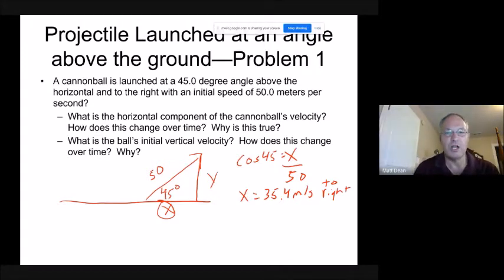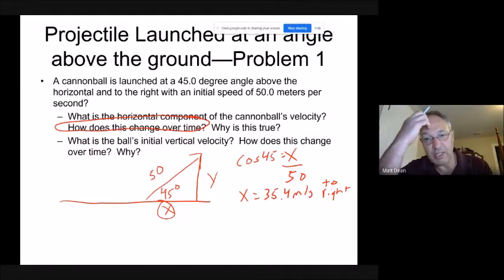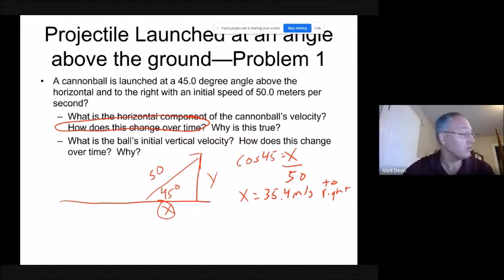We've got the horizontal component. Next part of the question, how does that change? Well, it turns out velocities only change, acceleration only happens when there's a net force acting in that direction. In these physics problems, we typically always ignore friction and drag unless you're told otherwise. If we're ignoring friction and drag, there is no horizontal force.